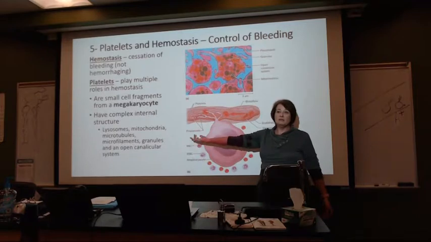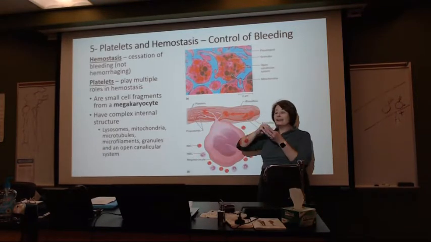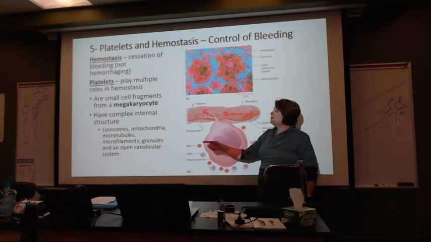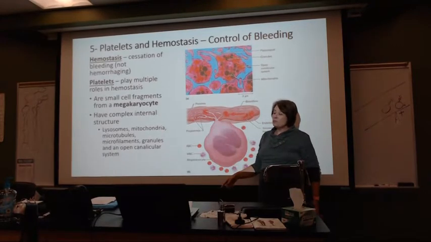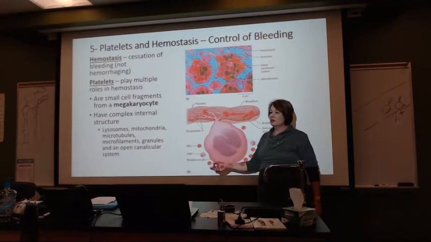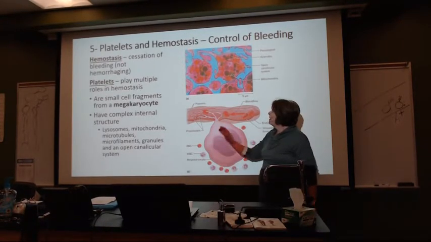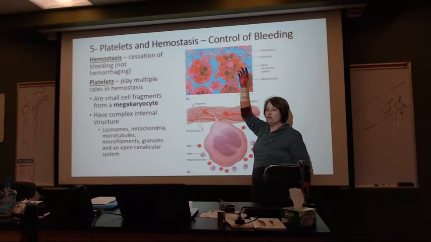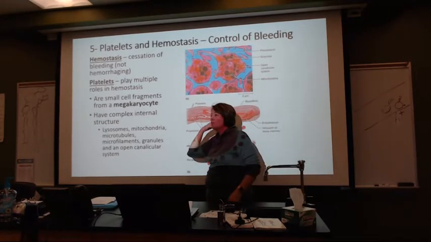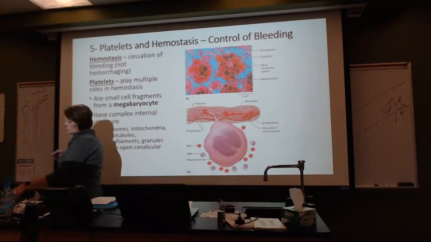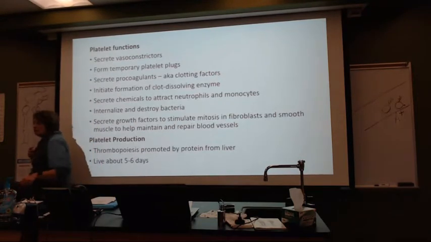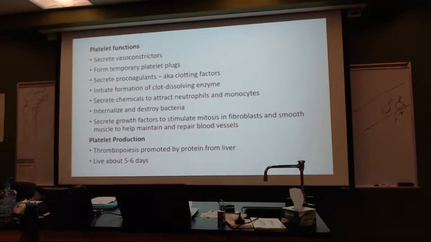Granules, meaning they're going to have those little pockets of the lysosomes. And then we call it an open canalicular system because there's nothing within the structure of what we think of as having a nucleus, endoplasmic reticulum, and so forth.